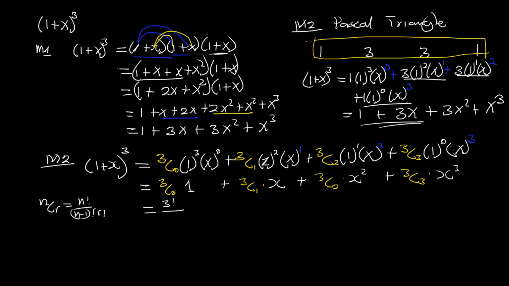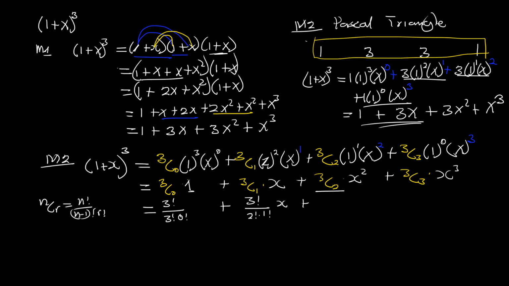We have 3 factorial over 3 minus 0, which is 3, dot 0 factorial, plus 3 factorial over 3 minus 1, which is 2. So we have 2 factorial dot 1 factorial x.